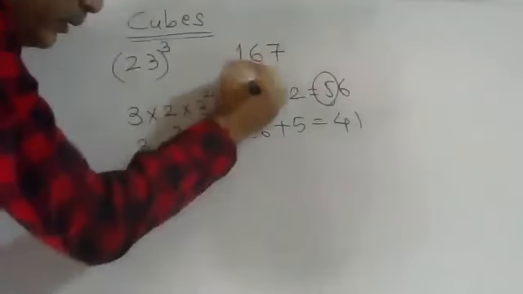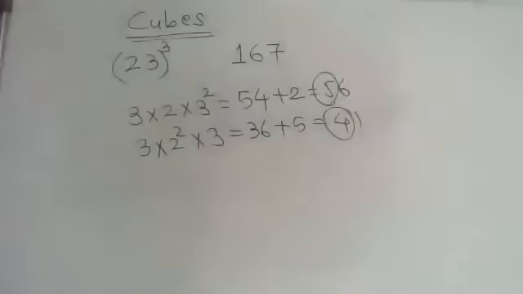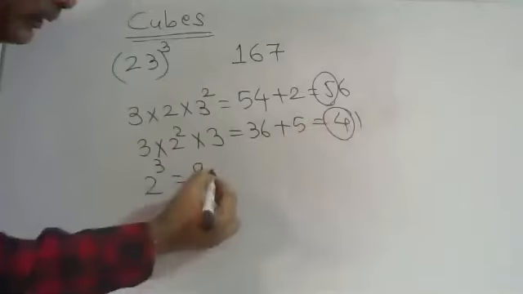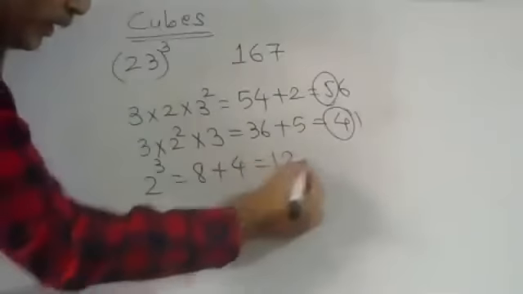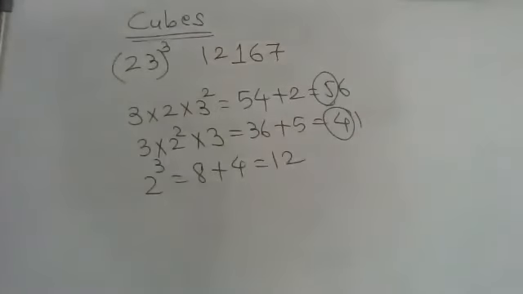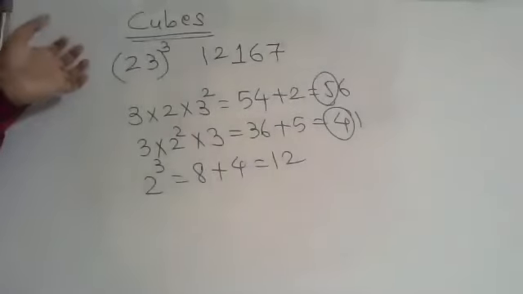I will write 1, carry 4. 2 cube is 8 plus carried 4 is 12. Cube of any number you can find out this way.